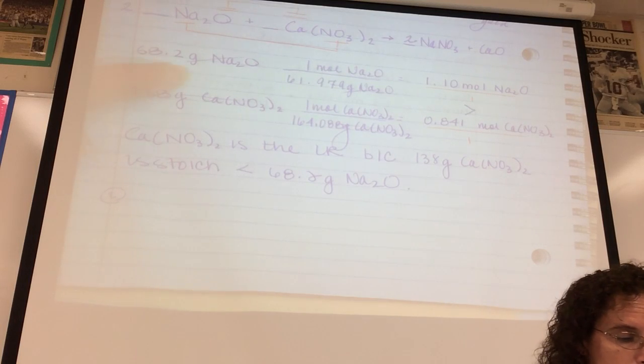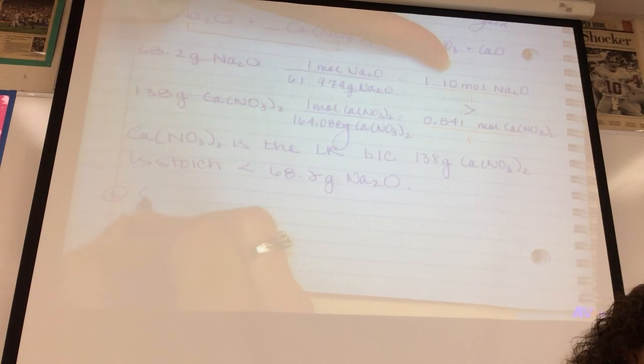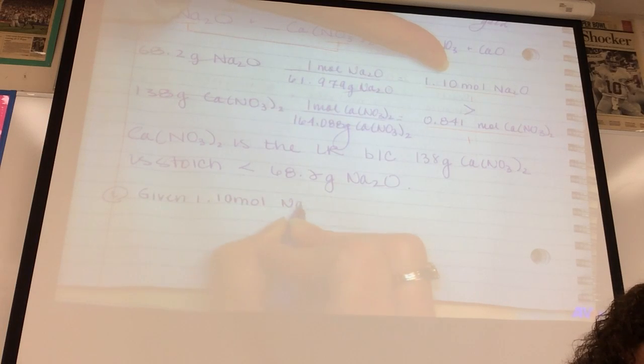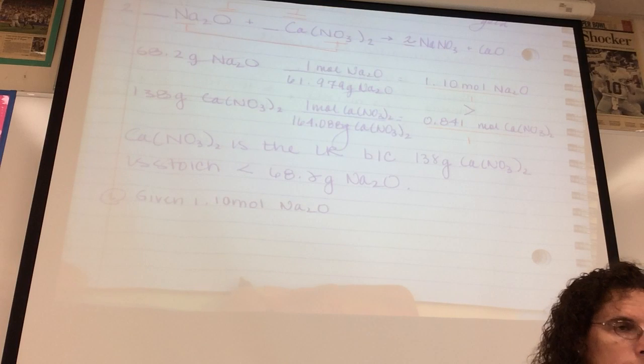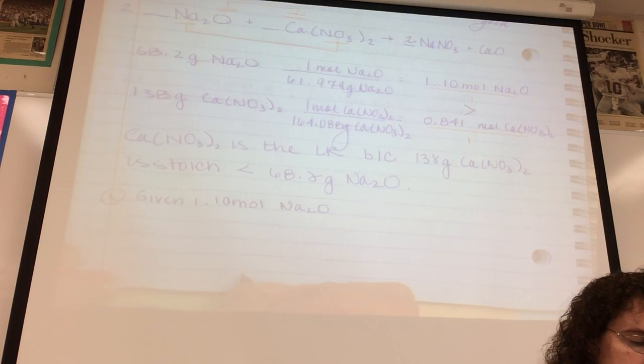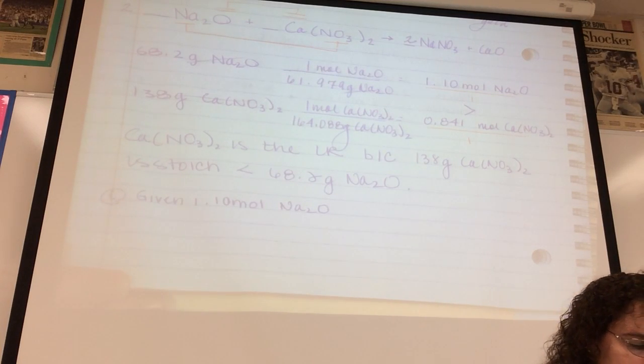It has to be the sodium oxide, right? So we're given 1.10 moles of it. What is that thing you circled? That's like a little Roman numeral 1. Baby Roman numeral 1. Gotcha.